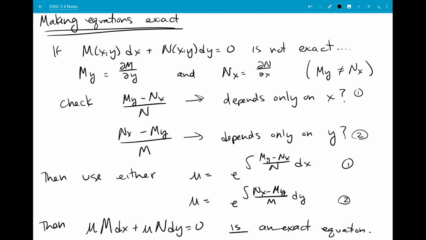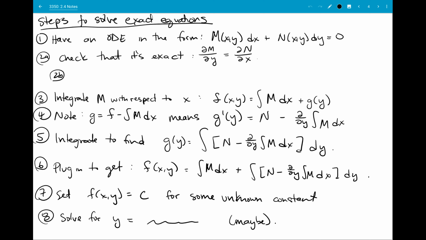So that's what we're going to do to this example that we just started. I'm going to also go back to where you wrote out all these steps right here.